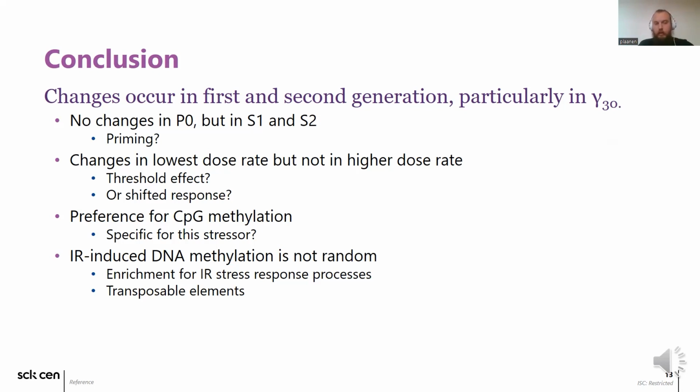Thirdly, very interestingly, we saw that there was a clear preference for CpG methylation, indicating a potential heritable response in the DNA methylation. And lastly, we can see that ionizing radiation-induced DNA methylation is likely not random, as genes associated with or affected by this methylation were clearly enriched for stress response processes, and also transposable elements were very much affected.